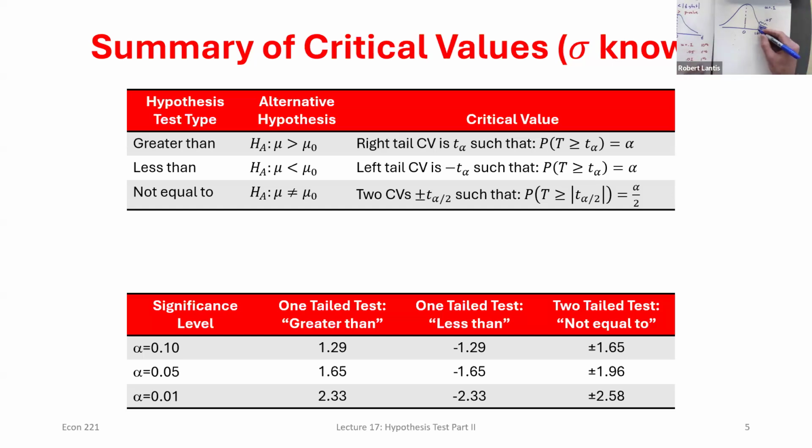So I saw this sample mean, I turned it into a test statistic, and this is the probability of seeing that many standard deviations above or anything further. Well, what would it have been equally as likely for me to see from one sample? If I found something 1.65 standard deviations above the mean, if I were to take just one sample, it would have been equally as likely for me to see something that far below the mean, right?